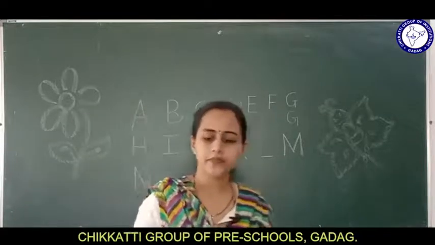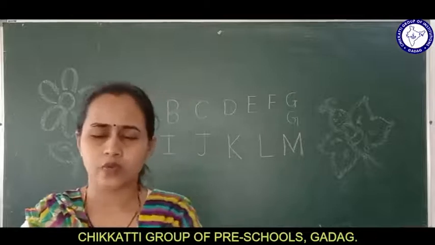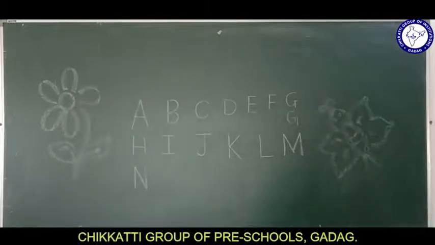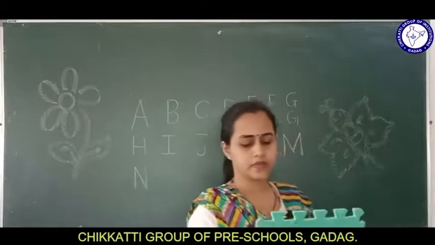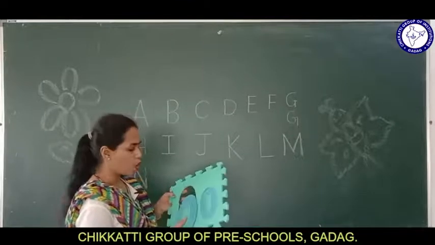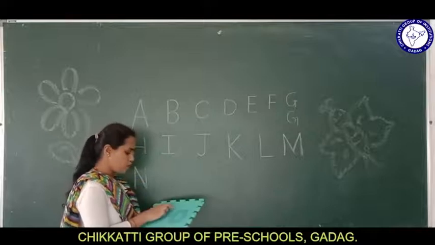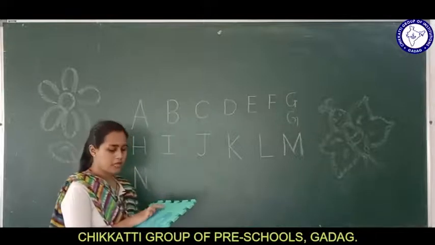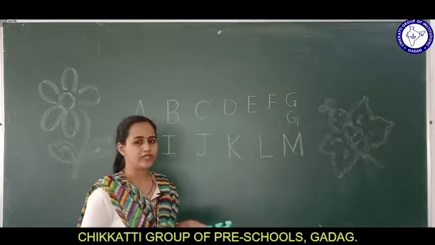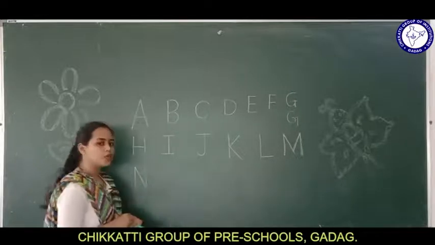So here the next alphabet, which is very easy for you, right? The letter O. Which letter? O. How to write O? I know you already know this and you are very good at writing O, right?